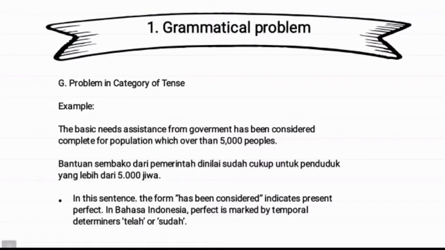Next, problem in categories of tense. Example, the basic necessities aid from government has been considered complete for population with over 5,000 people. Bantuan sembako dari pemerintah dinilai sudah cukup untuk penduduk yang lebih dari 5.000 jiwa.